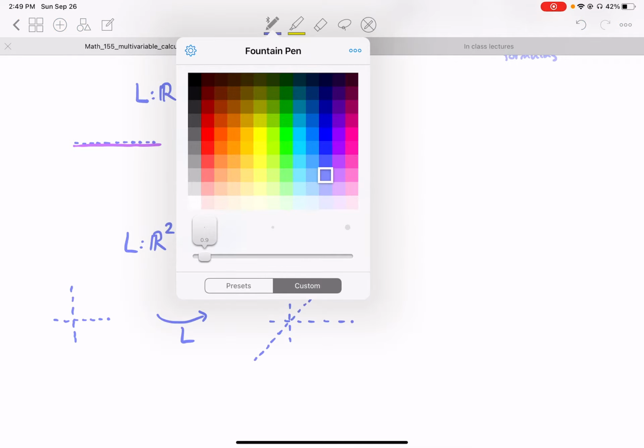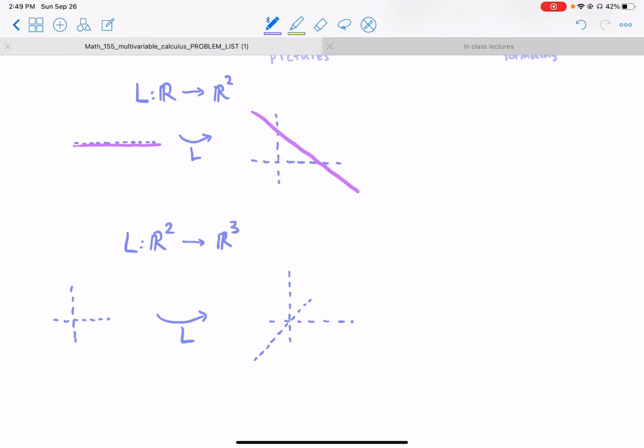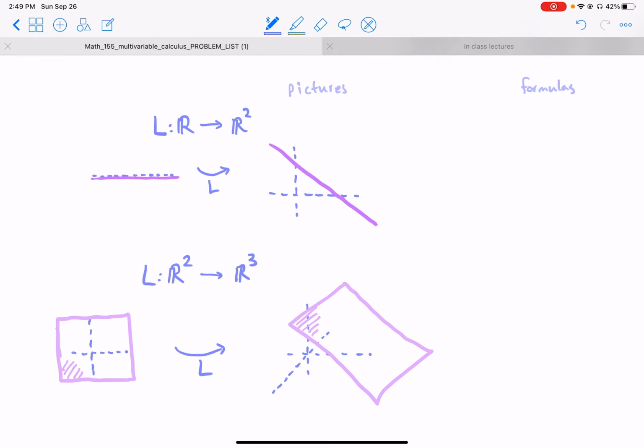Well, if L is linear, then it takes the whole plane and sends it to some plane inside of three-dimensional space. So this whole two-dimensional plane goes to some two-dimensional plane. That's what a linear map is like. Linear maps look like this.